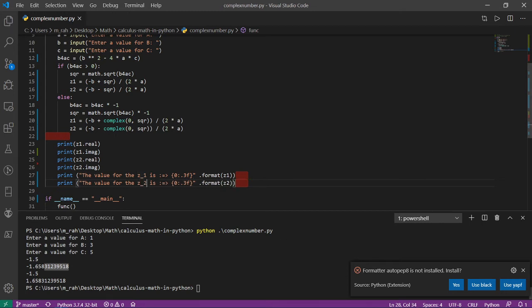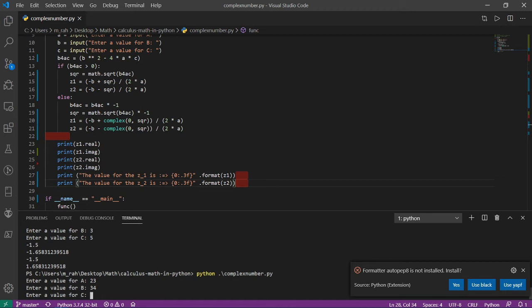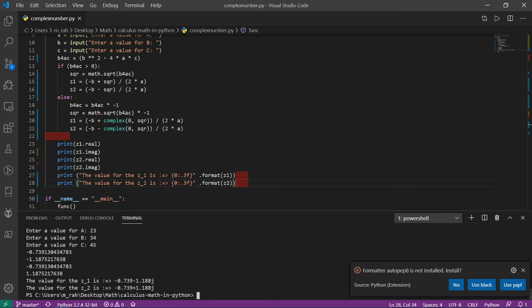Now if we compile and run the code, we can say 23 for A, 34 for B and 45 for C. Here you can see this is the real number, and minus 1.188J is the imaginary number for set1, and this is the real number.